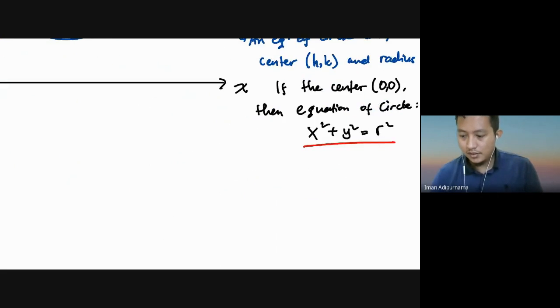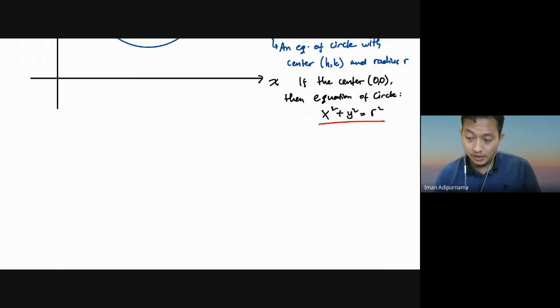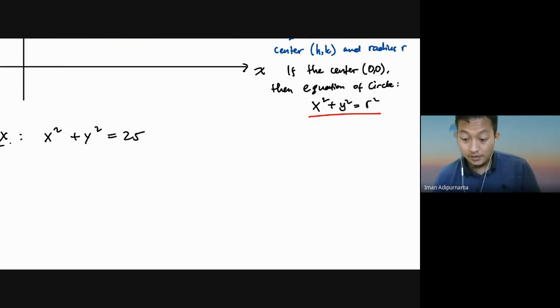If you observe an equation of a circle, for example, you have x squared plus y squared equal 25. From what we have written here, the center will be 0, 0, and the radius is 5 because it is r squared.